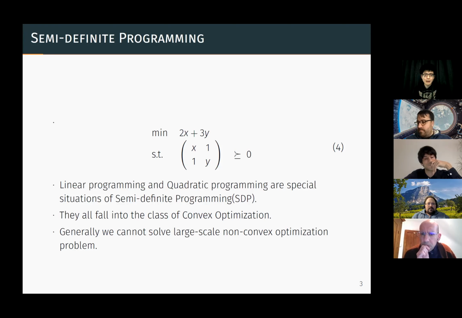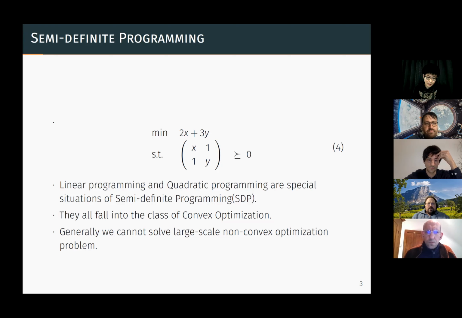Actually, the linear programming and quadratic programming we just introduced are special cases of semi-definite programming. They all fall into the class of convex optimization. You can check that all our constraints are convex. Generally, we cannot solve a large-scale non-convex optimization problem.